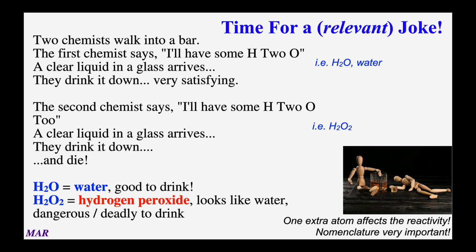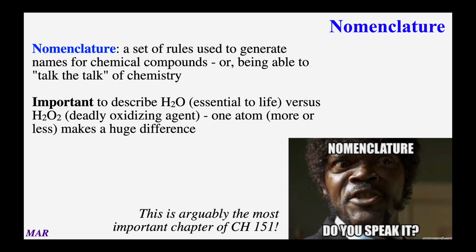So the silliness of this joke aside, it does show the importance of what we're talking about, because H2O and H2O2 are very similar. One has 3 atoms, one has 4. One additional oxygen atom makes a big difference. You wouldn't want to drink hydrogen peroxide, but you certainly do want to drink water every day. Nomenclature is just a set of rules that chemists have decided upon, and it's a way to describe compounds, a way to quickly say which compound you want.